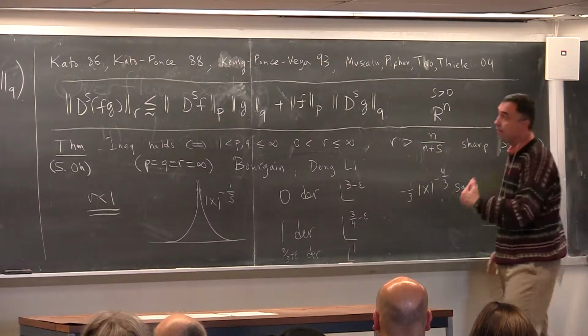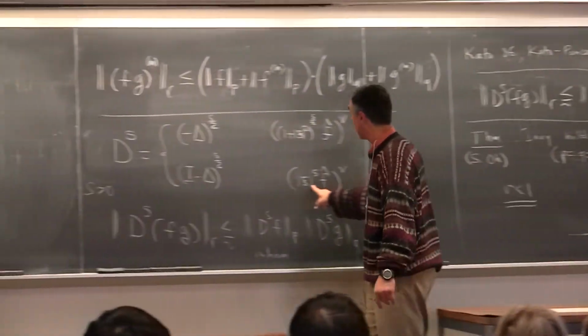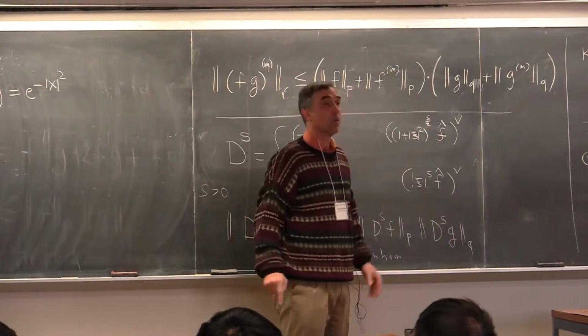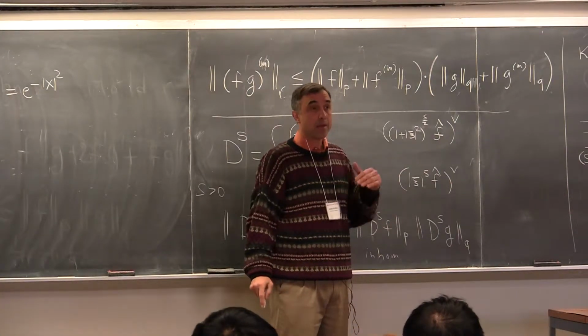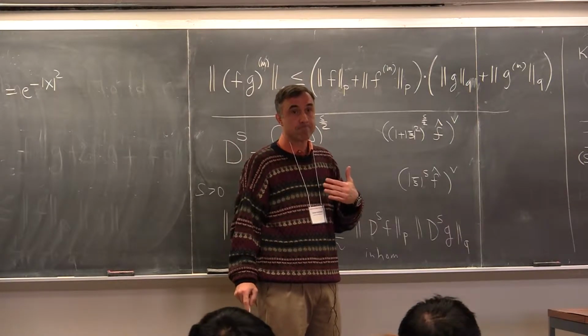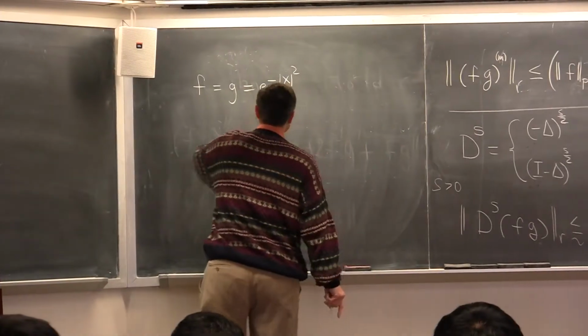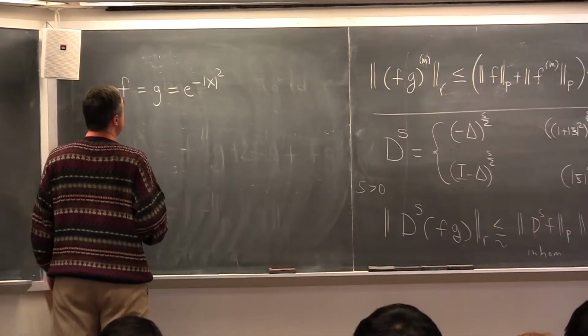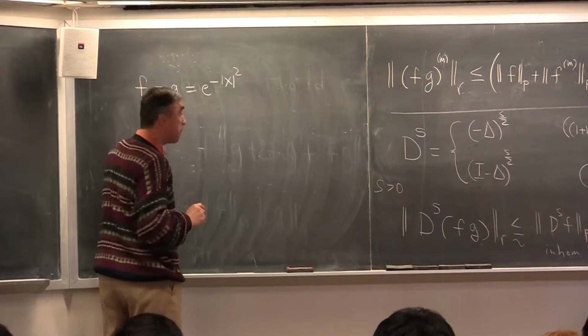Because when it's not an even integer is when you have a singularity here. When it's an even integer, there's no singularity. And then you have more smoothness, and you don't have this restriction. So this example here shows that, in fact, if you compute, the product will be essentially the same function.